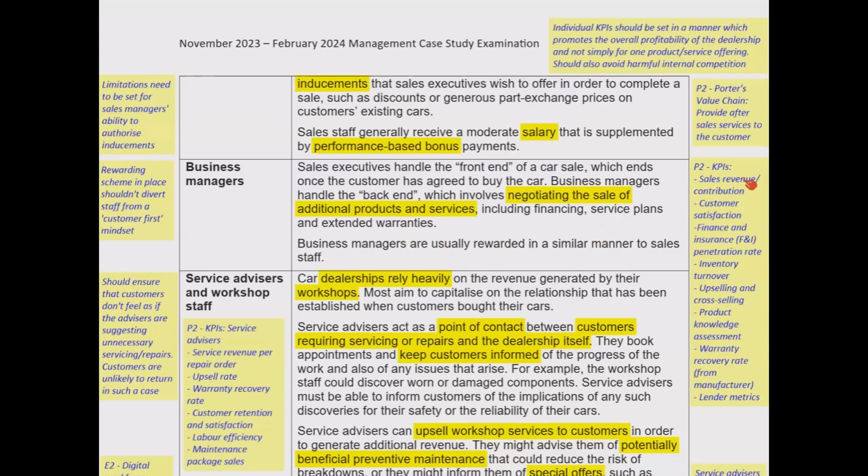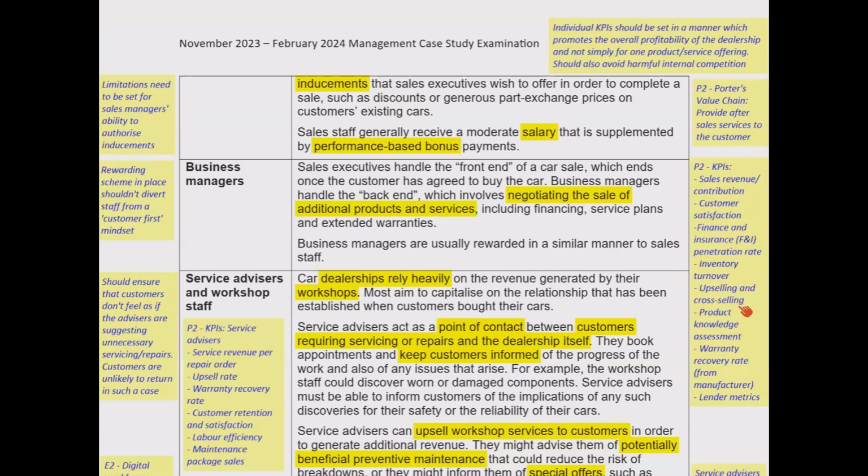Now, again, think KPIs. The business managers are trying to sell all these extra things that are in the workshop, the accessories, the parts, as well as selling the warranties, the extended, the maintenance agreements. So a few relevant KPIs here. Inventory turnover of those parts and accessories that they can sell. They're upselling and cross-selling.